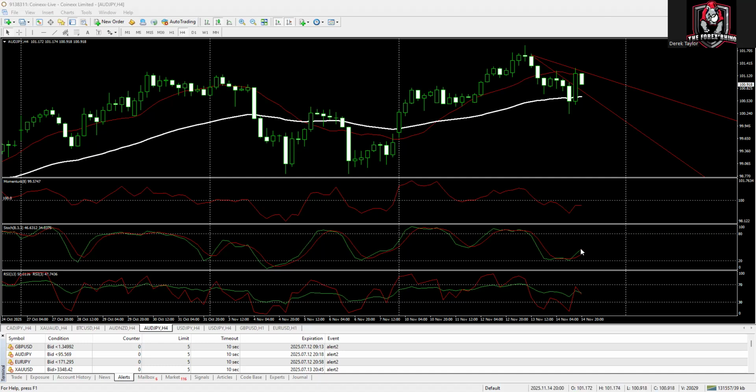However, this entire chart is one big fat soup of divergences.